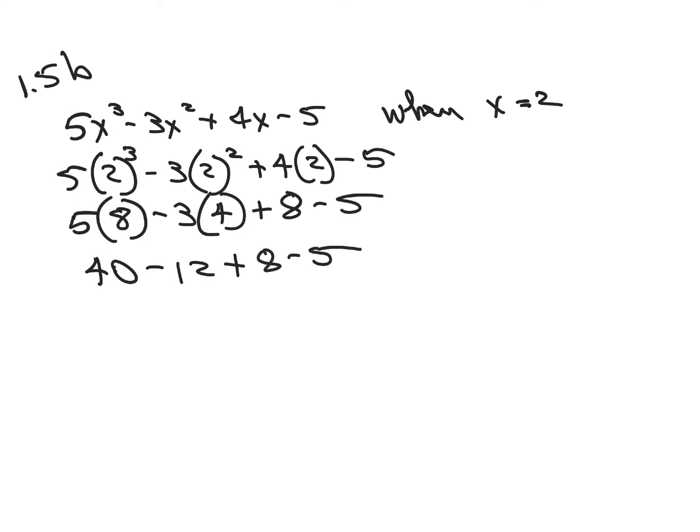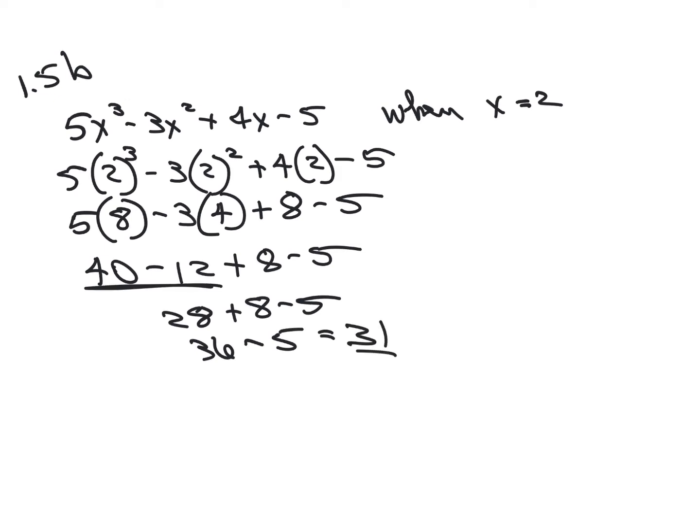And then we do the addition and subtraction from left to right. 40 minus 12 is 28, plus 8 minus 5. So 36 minus 5, which equals 31.